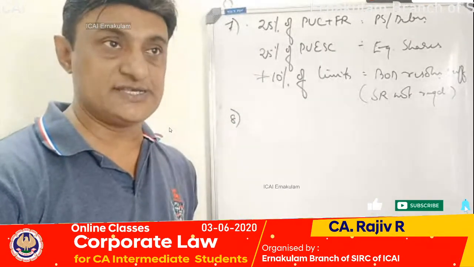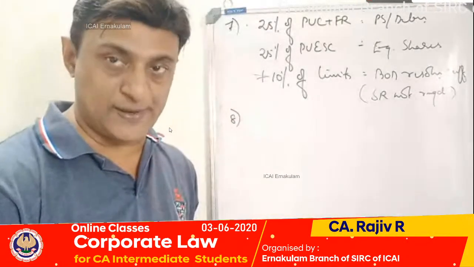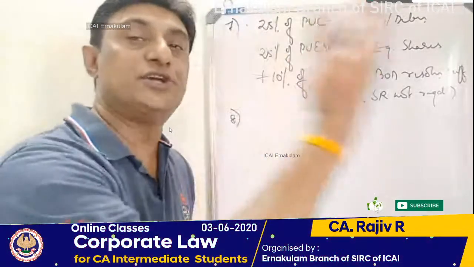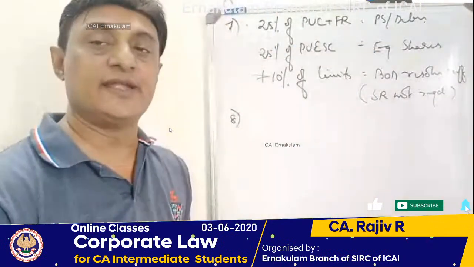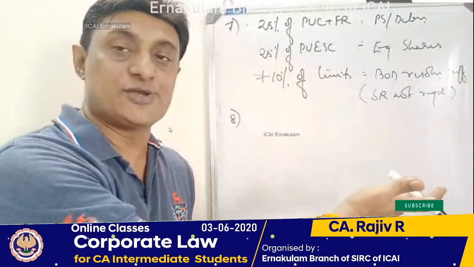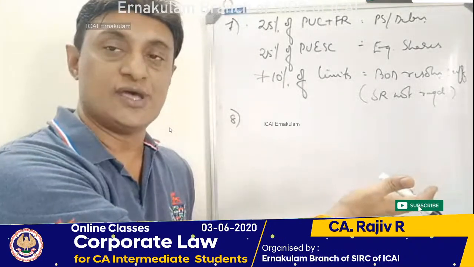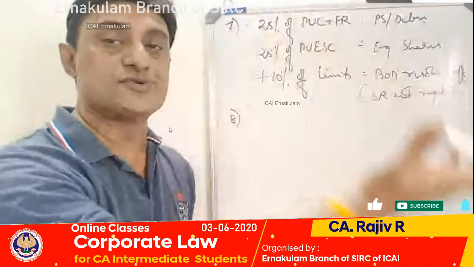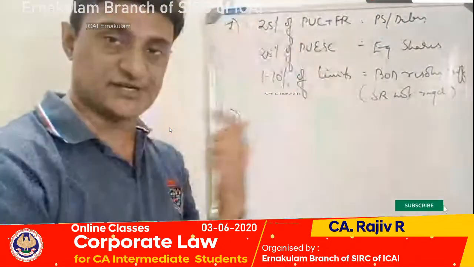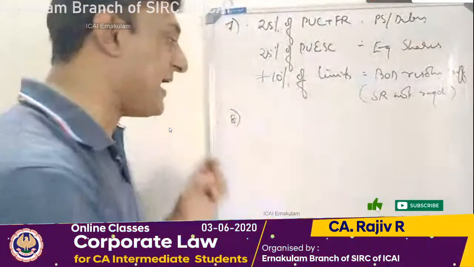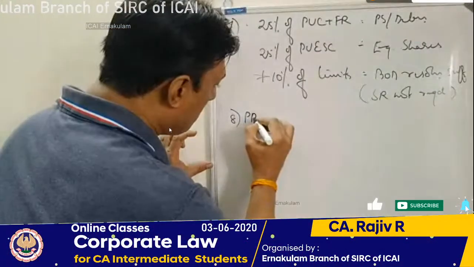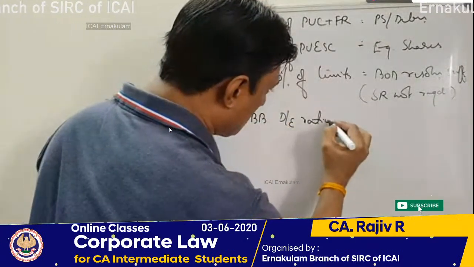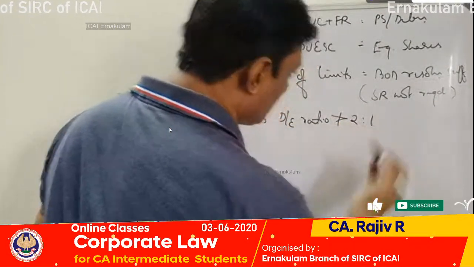The eighth condition is after a buyback is completed, after the entire procedure is over, like fresh issue made, proceeds collected, you pay off the debenture holders or equity shareholders or preference shareholders, or you use your existing free reserves, transfer to CRR account. After all that procedure, the post buyback debt equity ratio should not exceed 2:1.